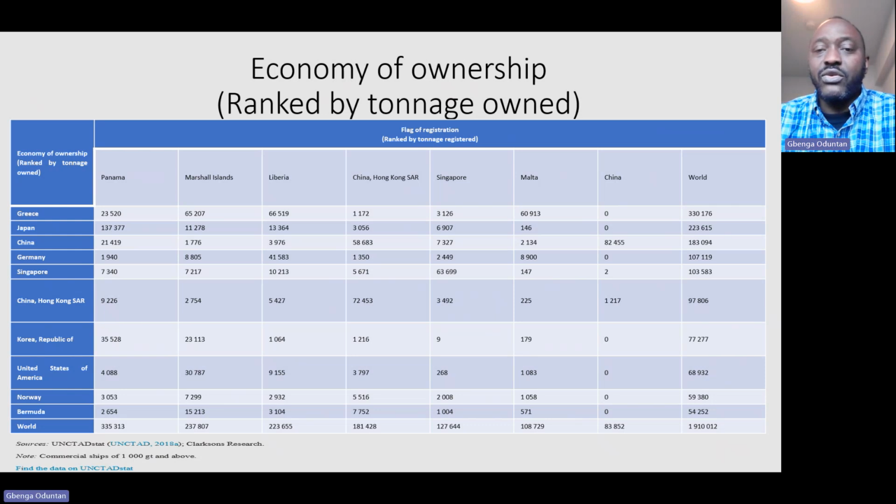The flag of convenience states would include small states like the Marshall Islands, or Liberia in Africa, Singapore, Malta, China, states that deliberately posture themselves to attract that kind of custom.